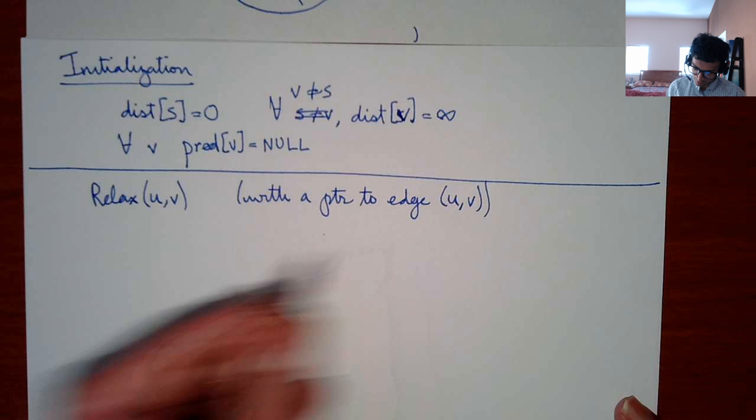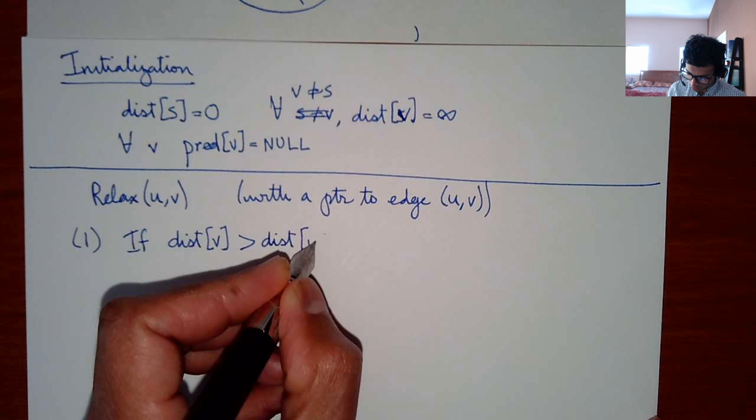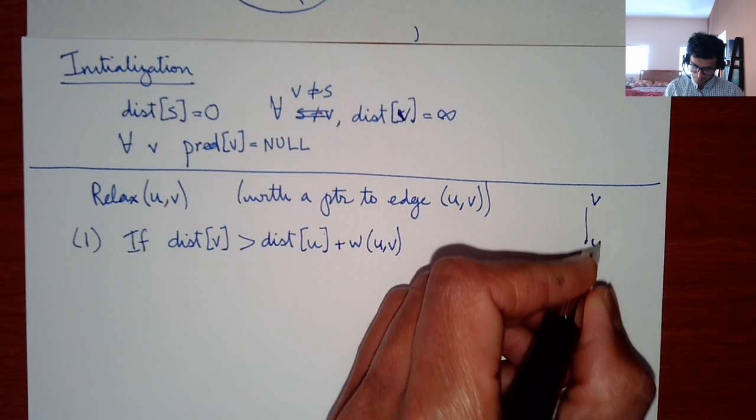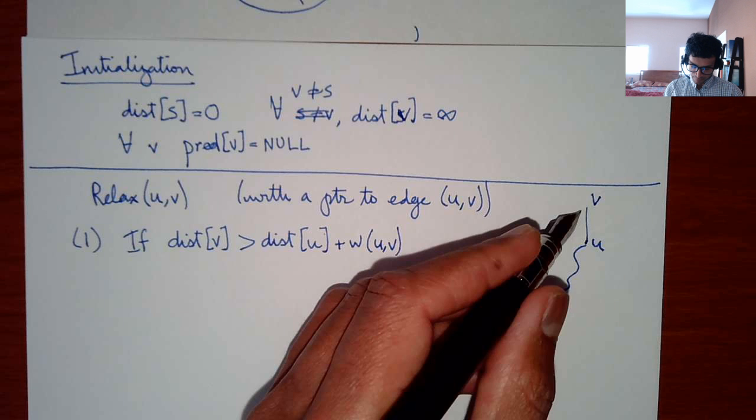It's a very simple operation. It says if the distance to v is strictly greater than the distance to u plus the weight of uv. So what is this saying? Suppose you're at s, and here is u, and here is v. We already have an estimate of the distance from s to v. If it's shorter to go to u and then to v, then you should make that switch.